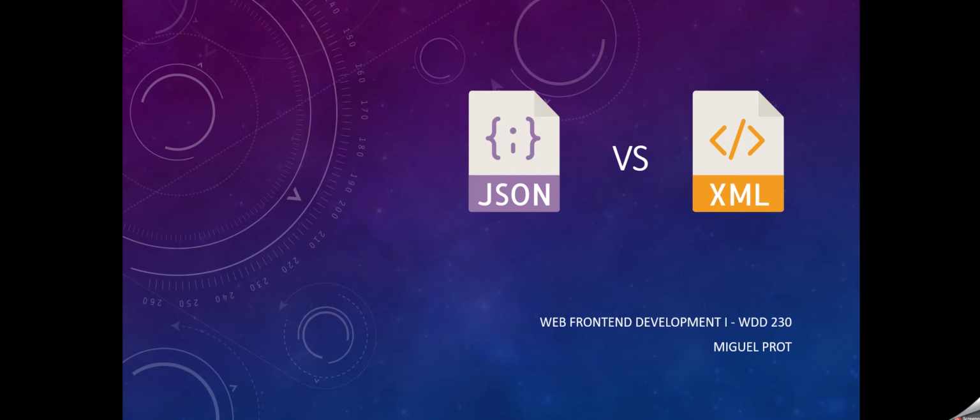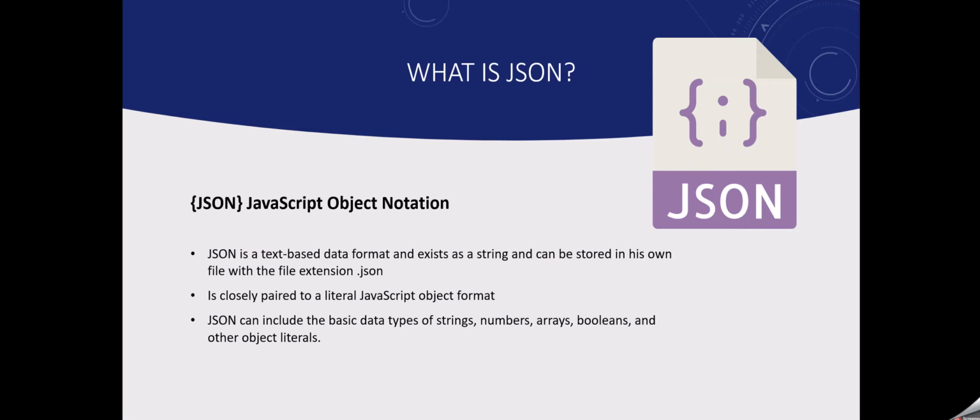Okay, let's start with what is JSON? JSON, JavaScript Object Notation, is a text-based data format and exists as a string and can be stored in its own file with the file extension JSON or .json.